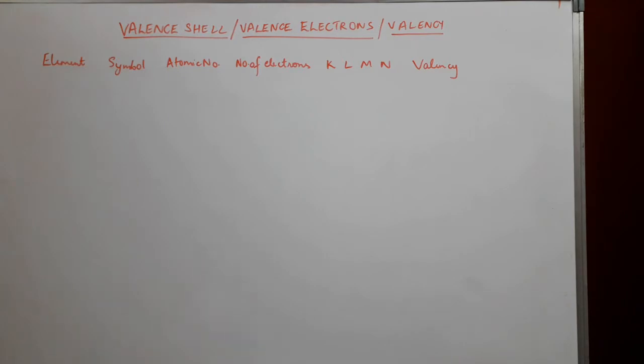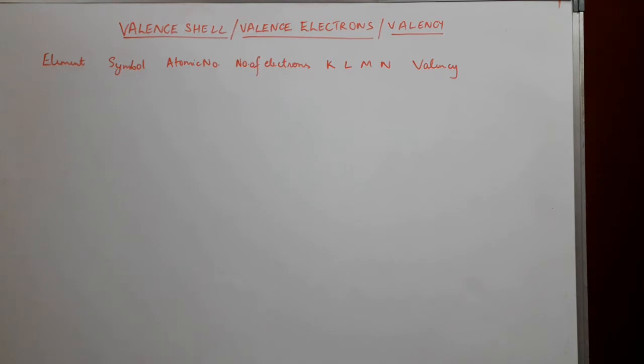So basically valence shell is the outermost shell, which contains the electrons which are left over, and the electrons which are present in the valence shell are known as valence electrons, and whatever electrons are present in the outermost shell, that is what gives the valency.